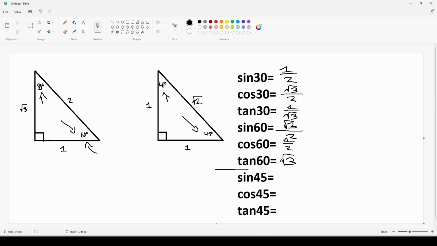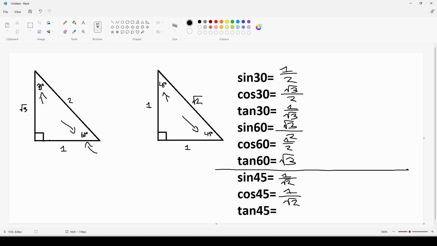And now moving on to this last triangle, we have the sine of 45 is equal to 1 over root 2. And then our cosine is going to be the same thing because our opposite and adjacent are equal.